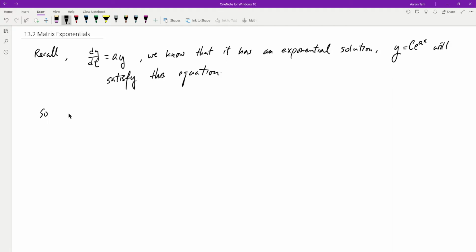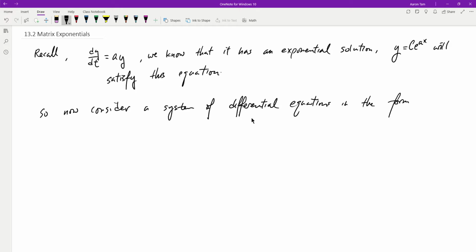So now consider a system of differential equations in the form of, here a has to be a constant.